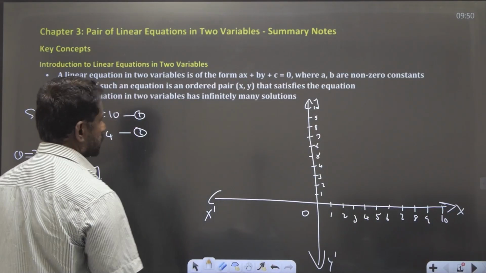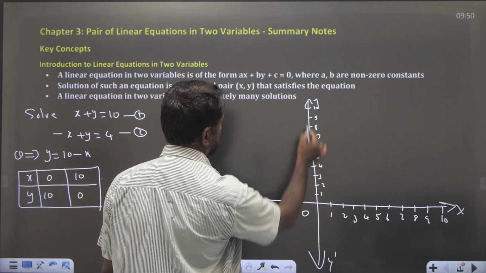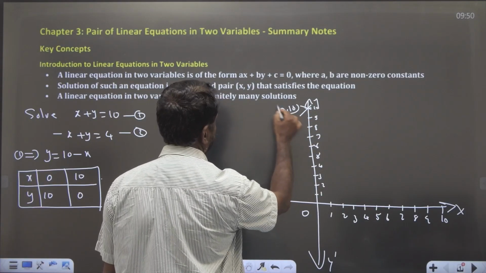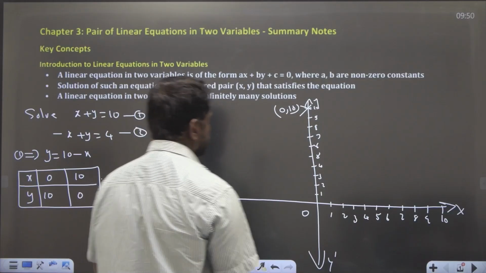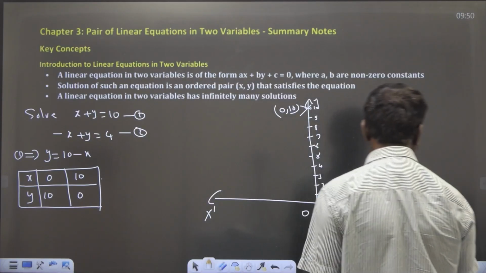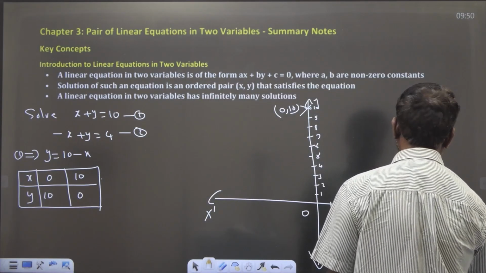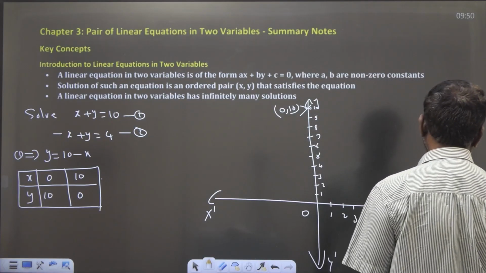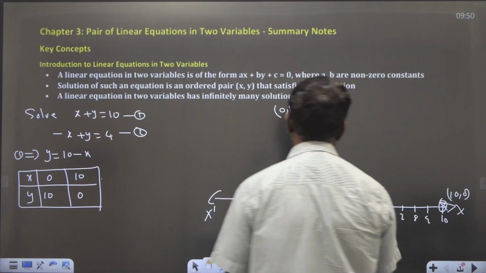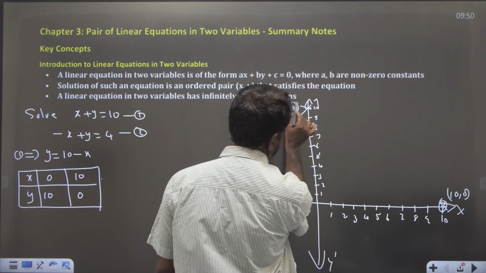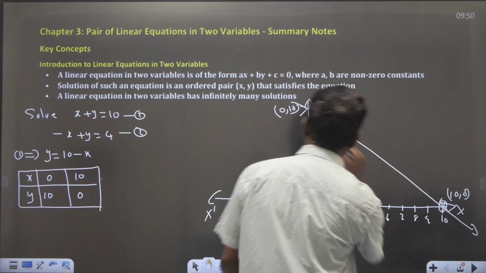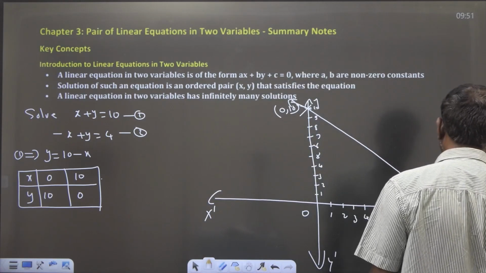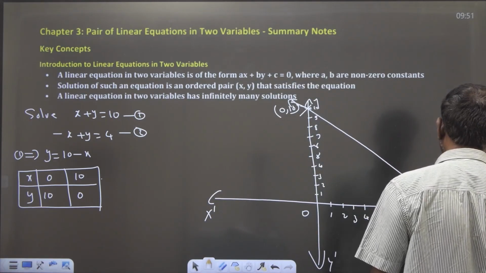When x is equal to 0, y is 10. This is the point (0, 10). And when x is equal to 10, y is equal to 0. This is the point (10, 0). So this is the graph of the equation x plus y equal to 10.